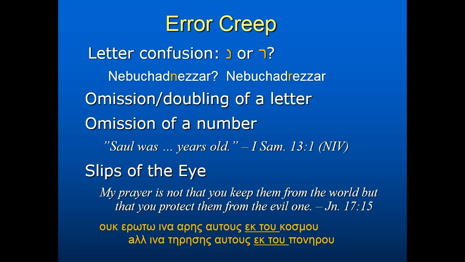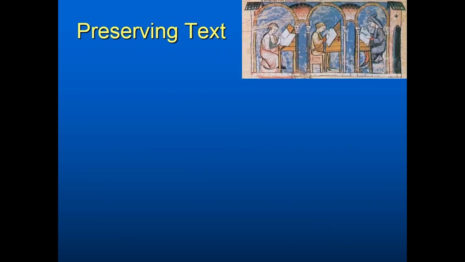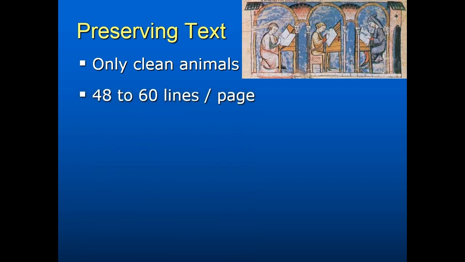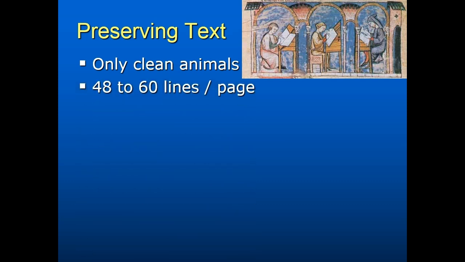After all, the copyists went to extraordinary lengths to avoid them. Here's a set of rules that they developed over the years. First, the parchment they used could only come from clean animals. No pigskin, for example. Then, each page could have between 48 and 60 lines of text, no more and no less.